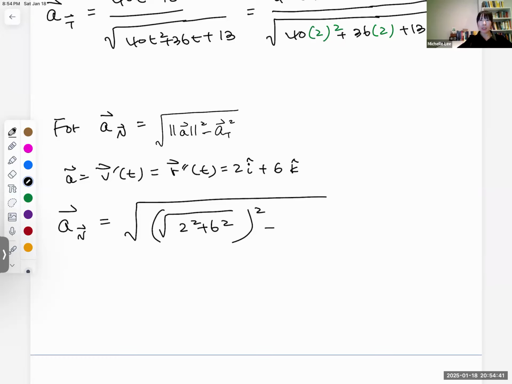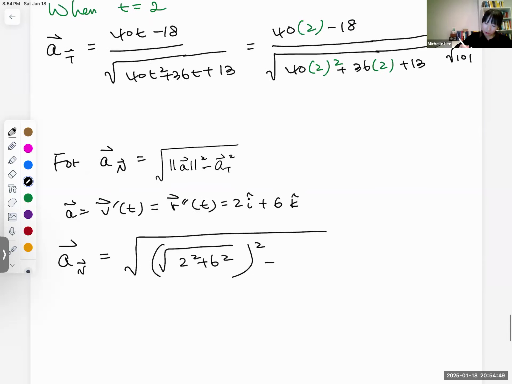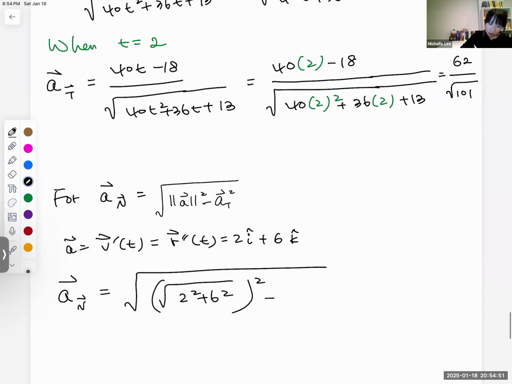So when t equals 2, we're combining everything. Let's do that together. So there will be 62 over the square root of 101, squared.